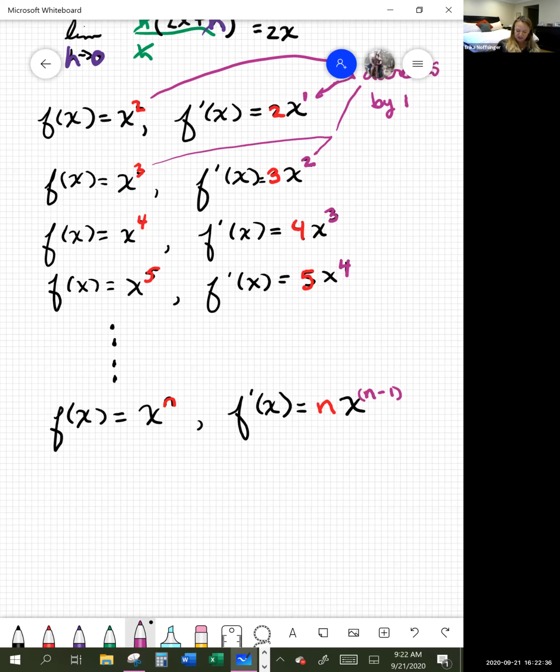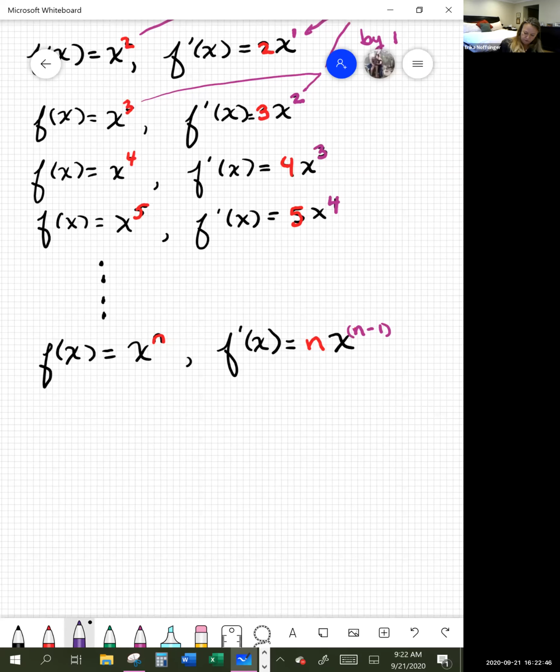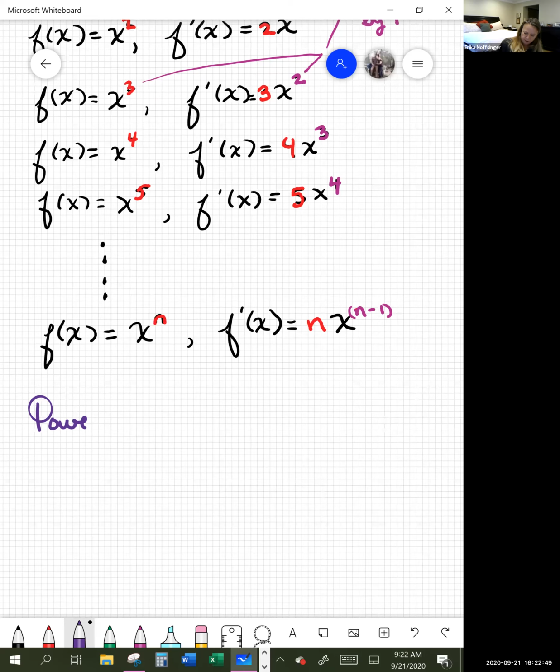So this is actually our general power rule. So the power rule.